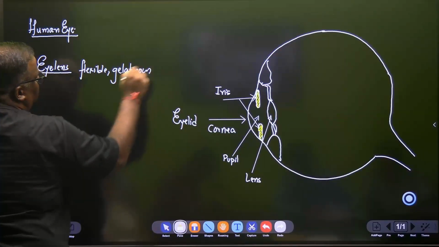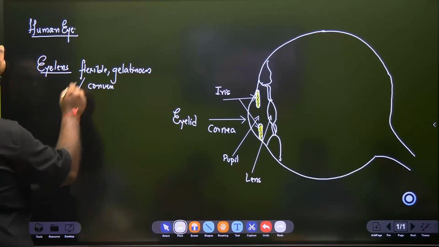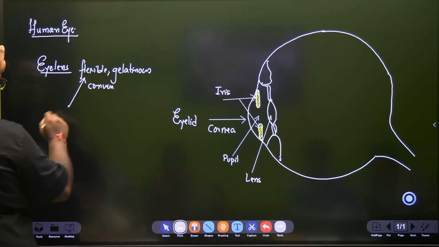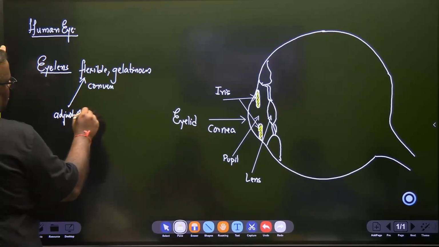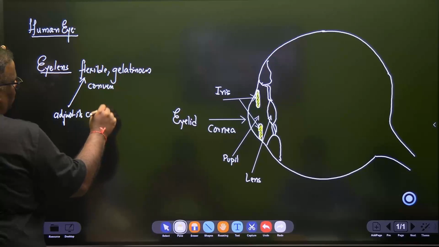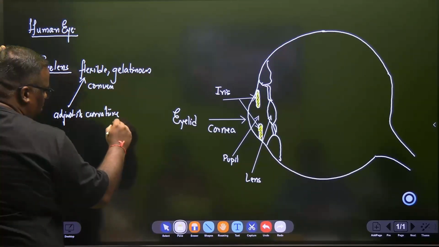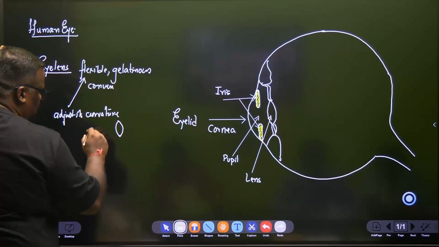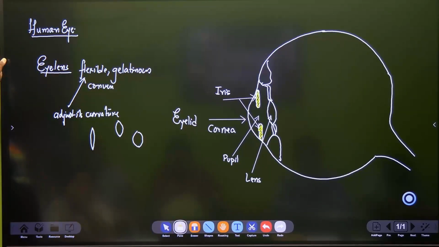It's convex. And flexible means you can actually adjust its curvature. Suppose my lens is like this. I can make this lens go thinner, or I can make this lens bulge out.